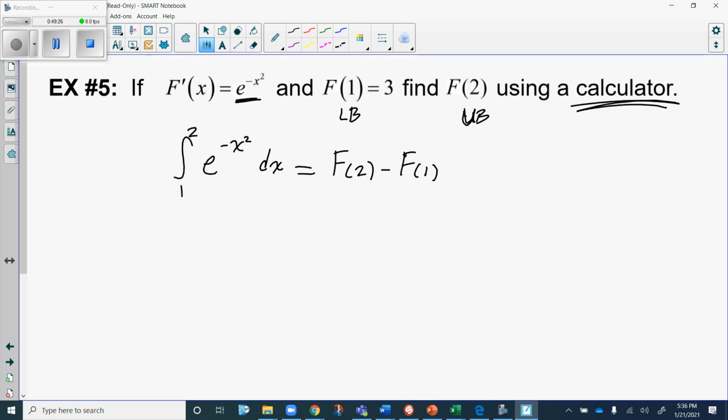Okay, so find f of 2. So what we want is we want to find that piece right there, meaning we don't know what that value is going to be.